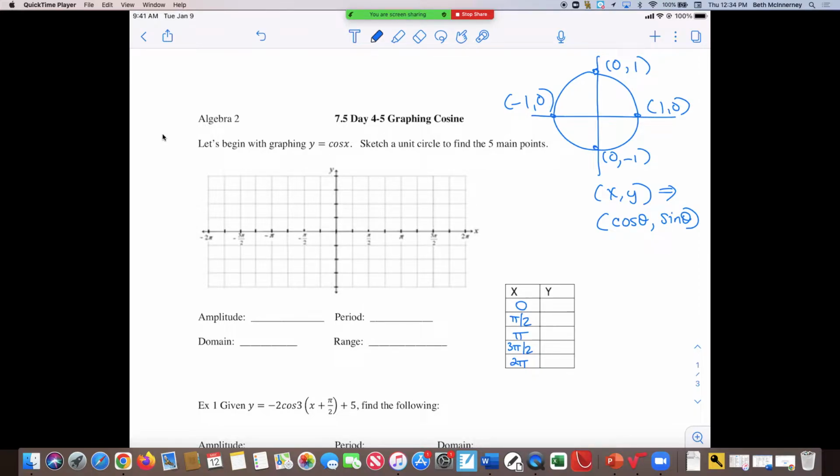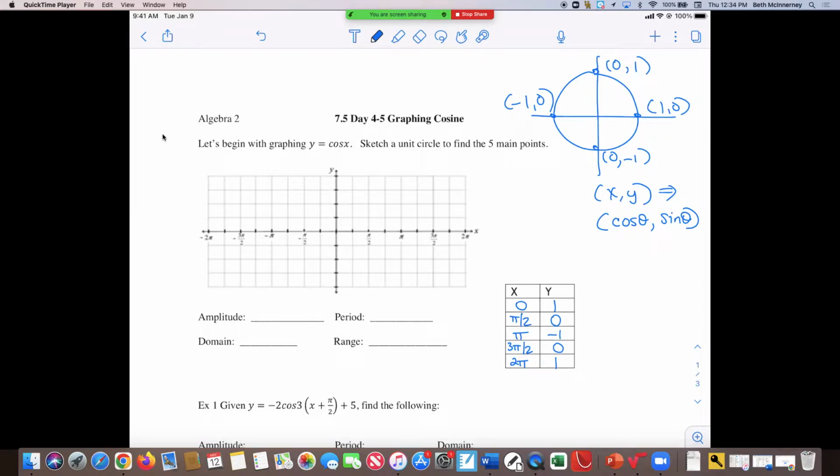So that's going to go 1, 0, -1, 0, 1. So let's make sure we keep this straight. The sine curve begins and ends with the same, and its middle is the same. But in cosine, it starts and ends the same, but the middle isn't the same, okay? But for both sine and cosine, they'll start and stop at the same y value.